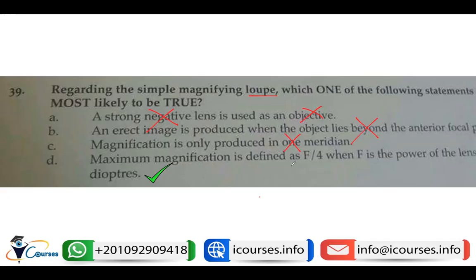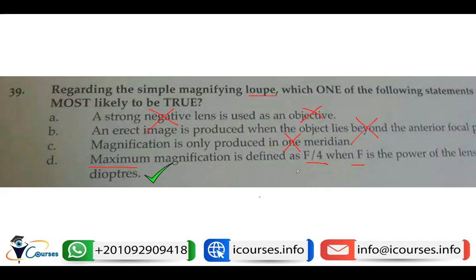Maximum magnification is defined as F divided by 4, where F is the power of the lens in diopters. This is true, but frankly speaking, this is not the maximum magnification, because the maximum magnification occurs when we place the object inside the focal length, not at the focal length.